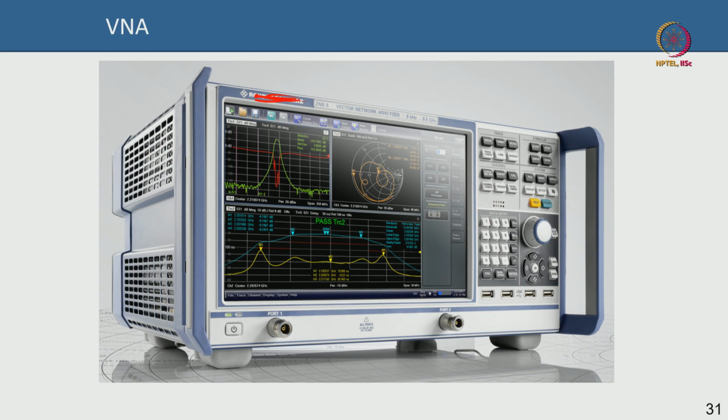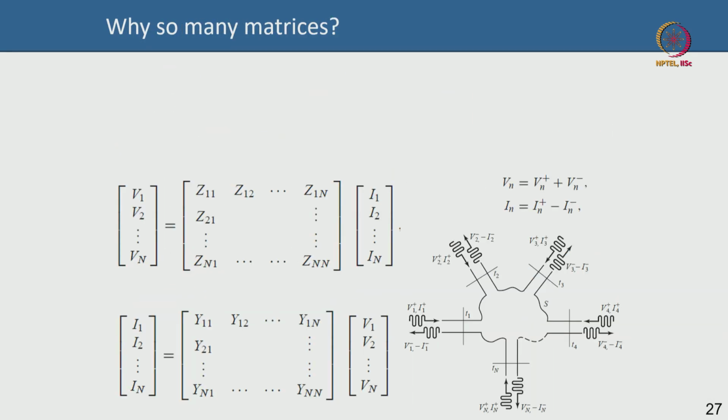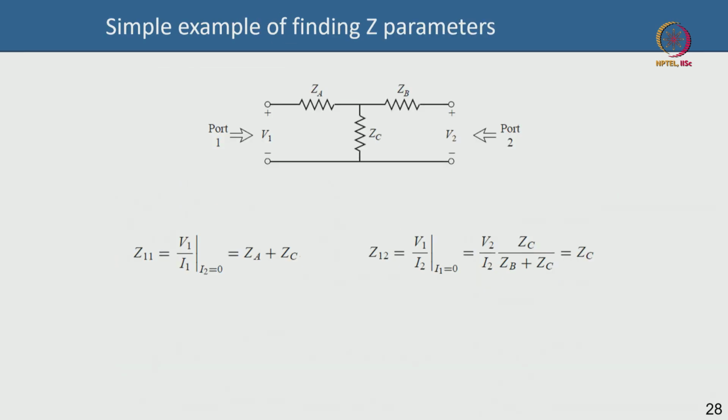It will match all other ports so that you can measure the reflected and the incident power, and there are many other things, but we are not going to discuss the instrumentation part of these tools in this course. There are also many tools, pulse setup, load pull, source pull, many characterization techniques and tools, a separate course is needed to understand them, but this is a vector network analyzer using which S parameter measurements are done.